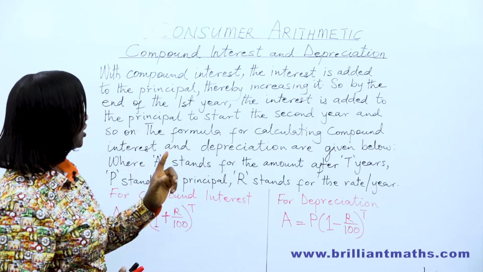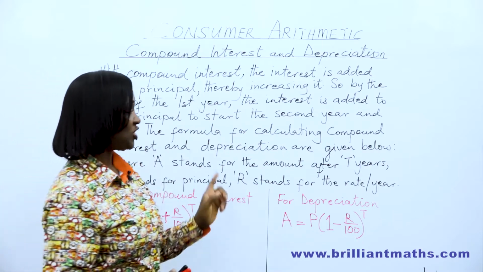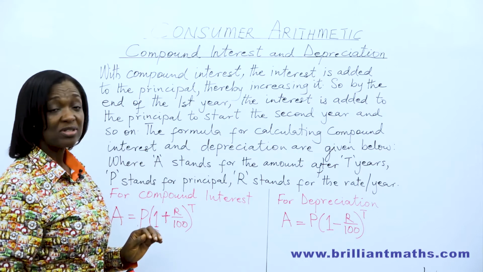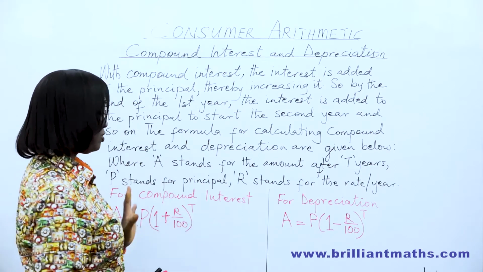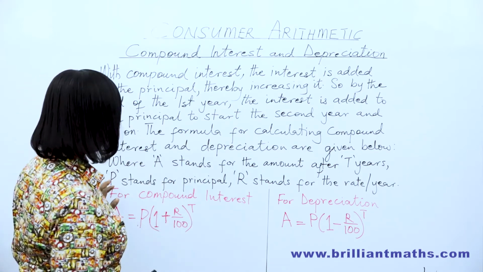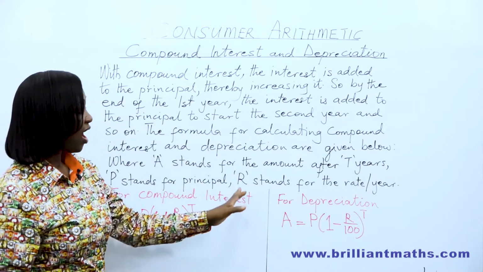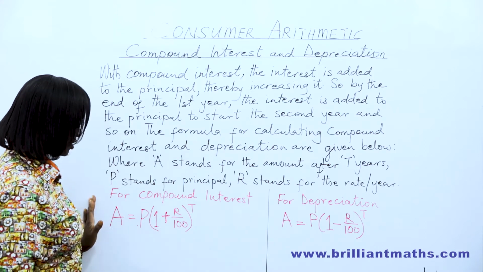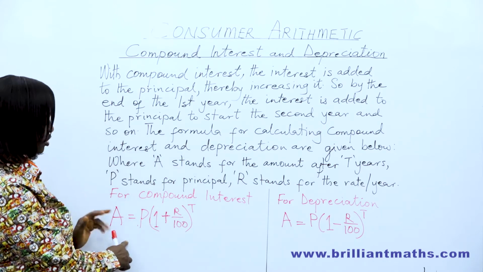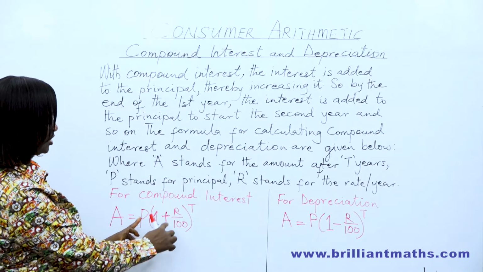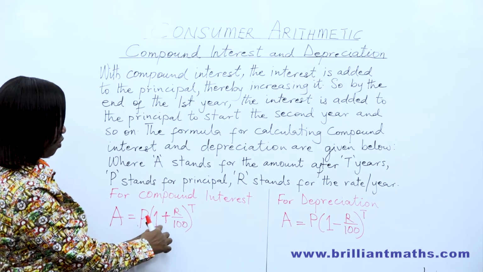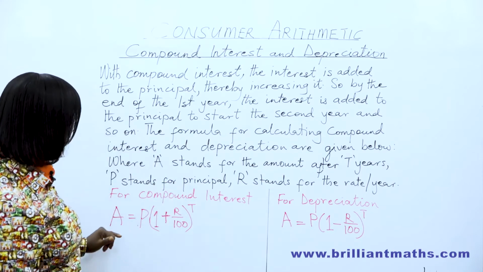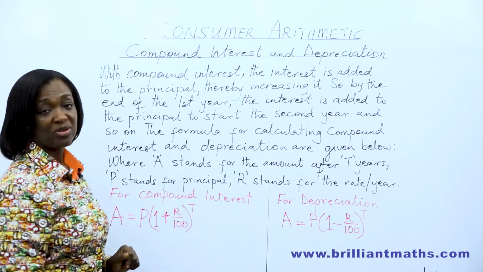The formulas for calculating compound interest and depreciation are given below, where A stands for the amount after T years, T is the number of years, P stands for the principal, and R stands for the rate per year. For compound interest, the amount is equal to the principal times the bracket 1 plus R over 100, to the power T. Remember, A is the amount, P is the principal.